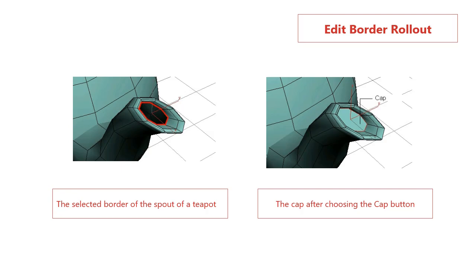To do so, select the border of the object in the viewport and then choose the Cap button. A polygon will be displayed to cap the border. The other options in this rollout are the same as described earlier in this chapter.